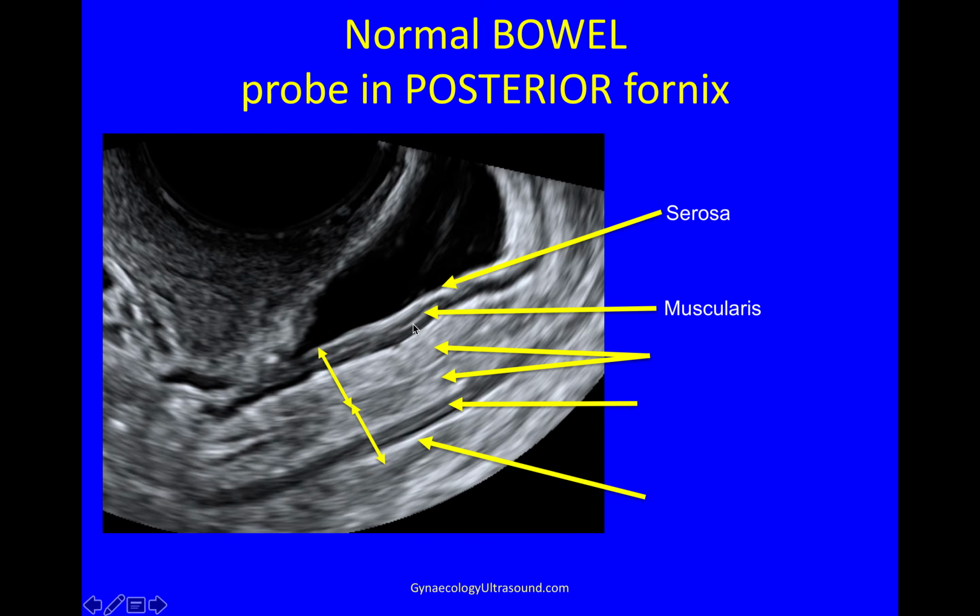And the white layer is where the outer longitudinal and inner circular fibers join each other, and you get a little white line of connective tissue. That makes you realize that's got to be the muscularis. Deep to that, you've got the submucosa and mucosa. And then it repeats again on the other side, submucosa and mucosa. And this one is the muscularis, this layer, and then here you've got the serosa.